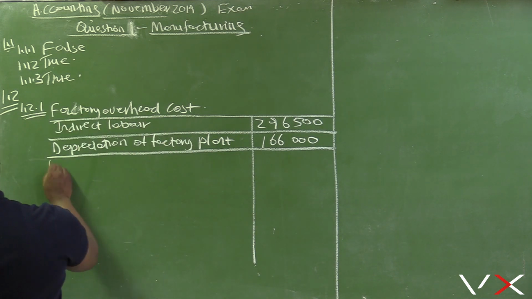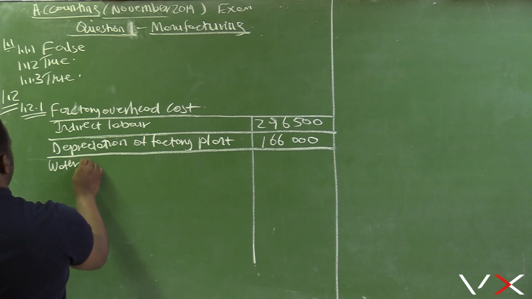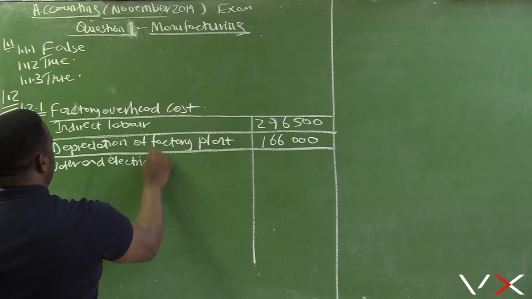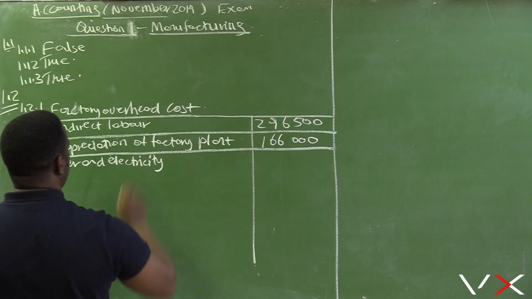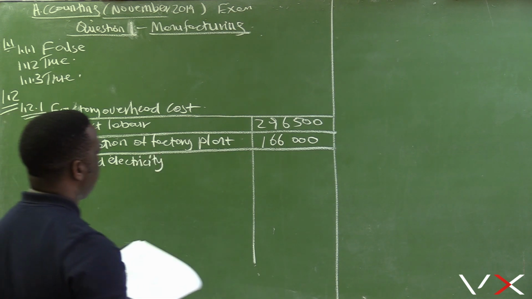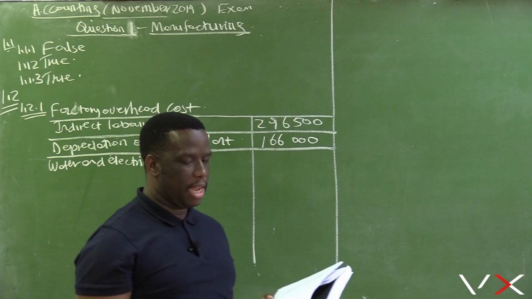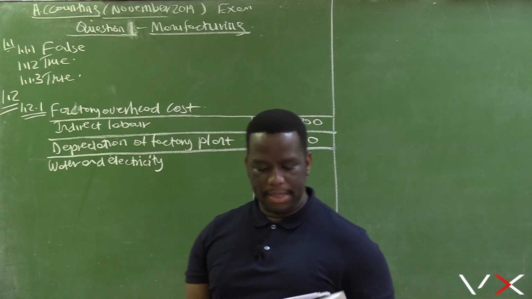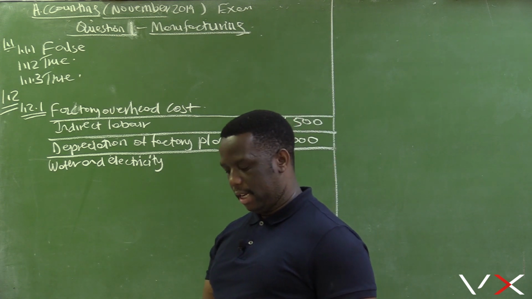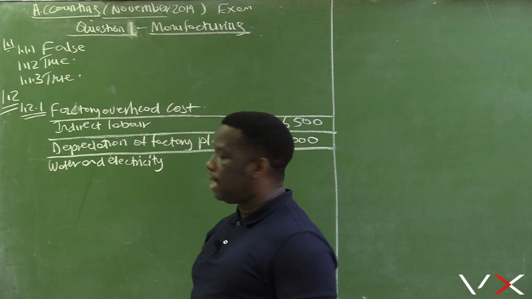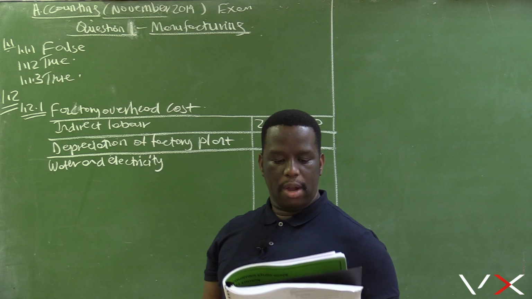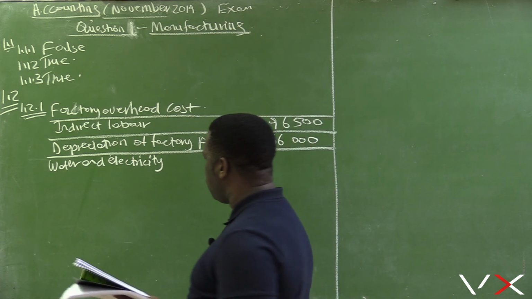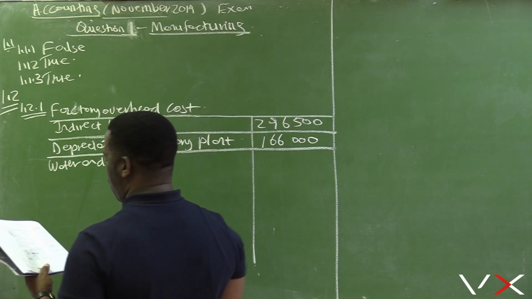It is just put there to check that you understand that in the factory overhead cost note we must only put expenses that relate to the factory. Anything else should not be included.